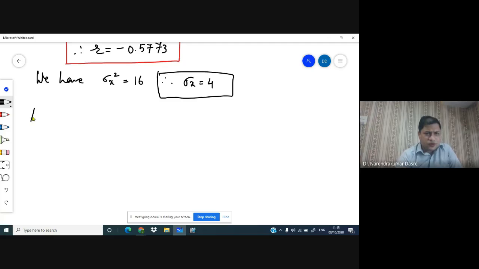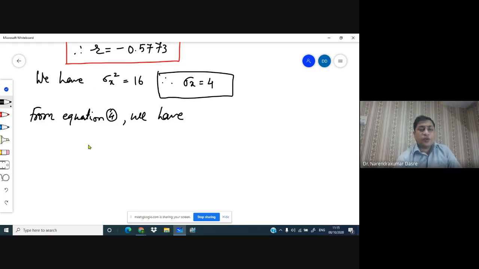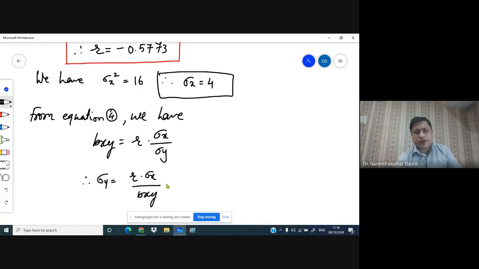Then what we can write is, from equation 4, either you consider 1, or you consider 2 or 4, or you can use the same formula. So we have bxy is equal to r times sigma x by sigma y. So I can write here sigma y is equal to r times sigma x upon bxy.